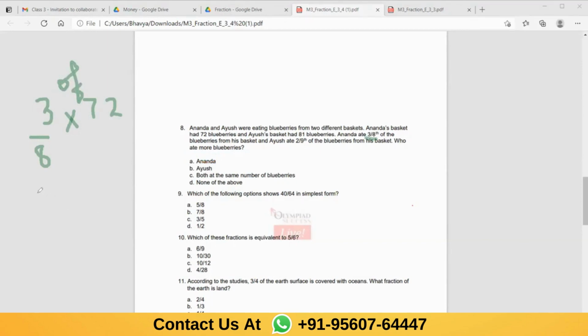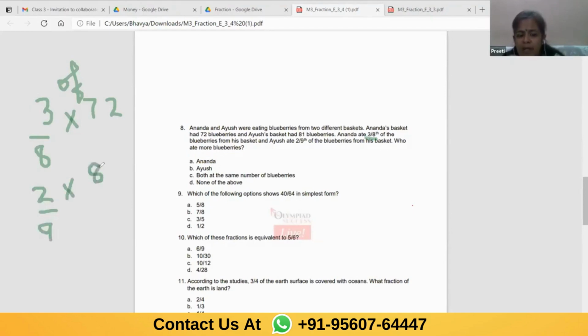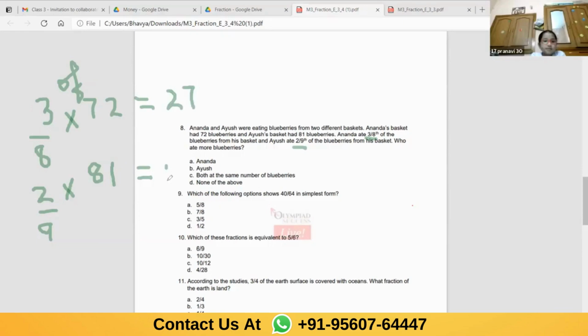I told you how to find of things in the last class. Yes, ma'am. Then for Ayush, you have to find 2 by 9 of 81, because Ayush had a total of 81 blueberries, whereas he ate only 2 by 9. And once you find the answer, you have to compare. So 3 by 8 of 72 is what? Who can tell me? Is it 27? Yes, ma'am.